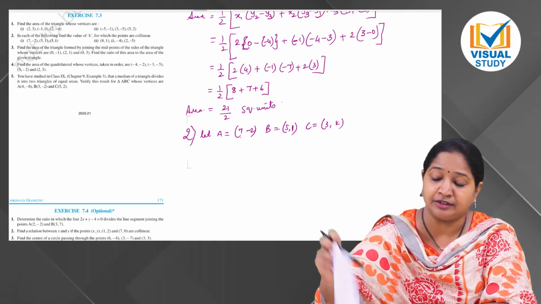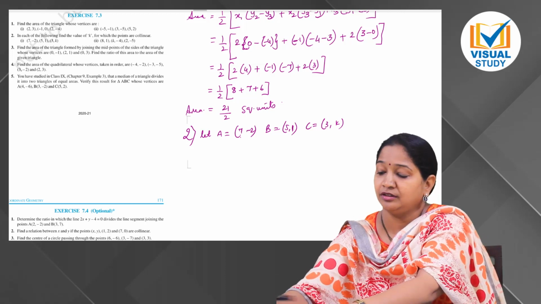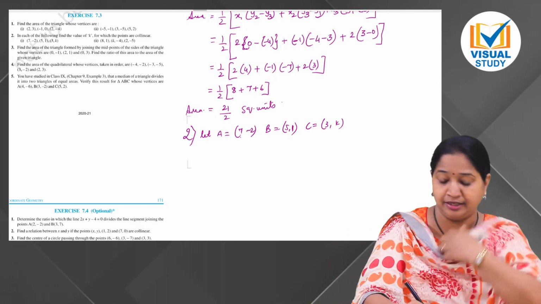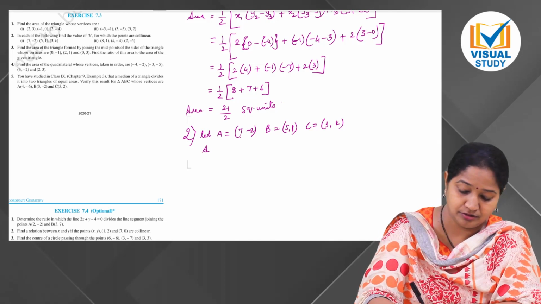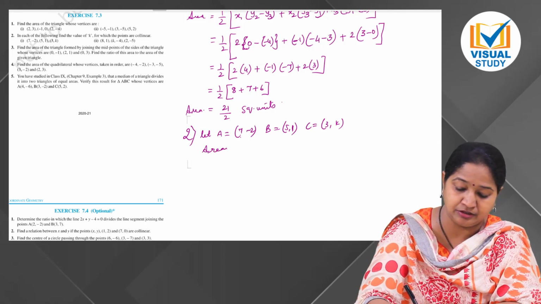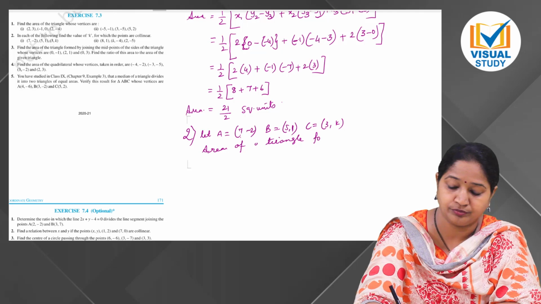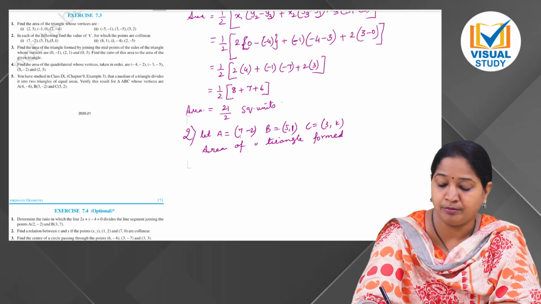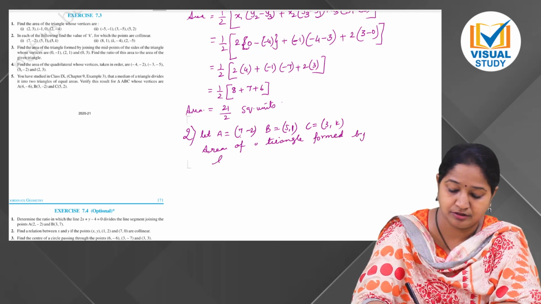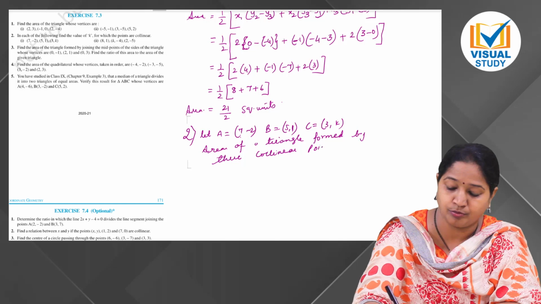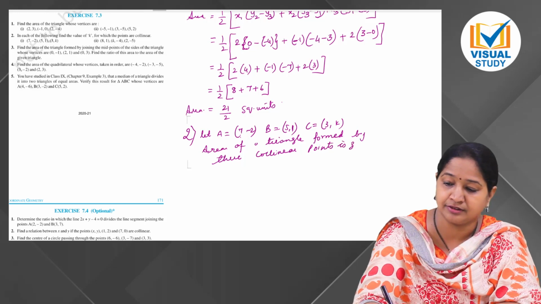Now here you have to write it. The area of the triangle formed by three collinear points is 0.